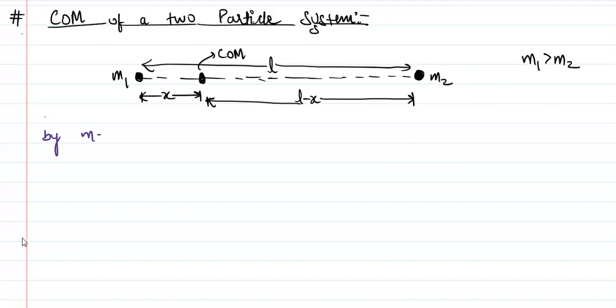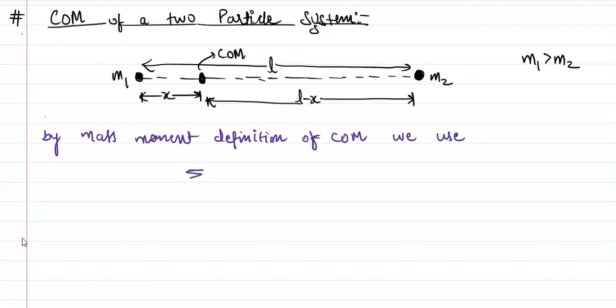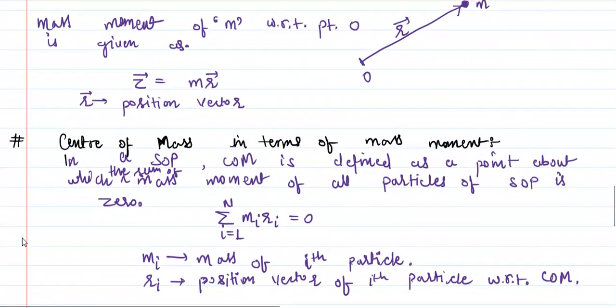So please write by mass moment definition of center of mass we use summation i equal to 1 to 2, because there are two particles only, of mi ri vector is equal to 0. I forgot to write the vector, please write down vector here. It is vector mi ri vector.